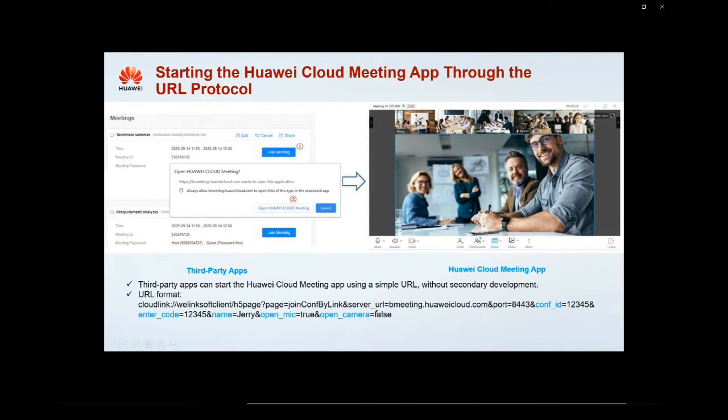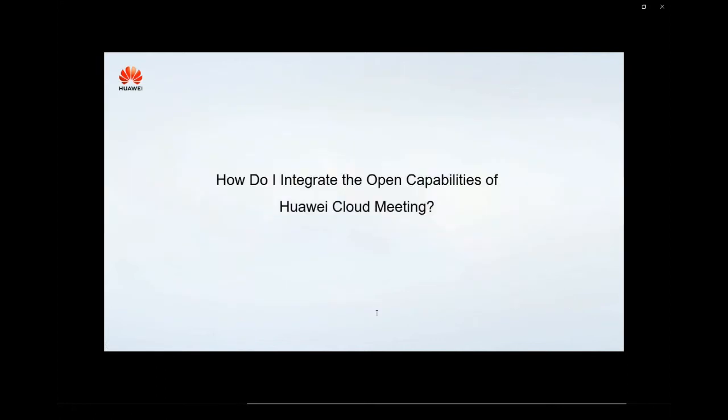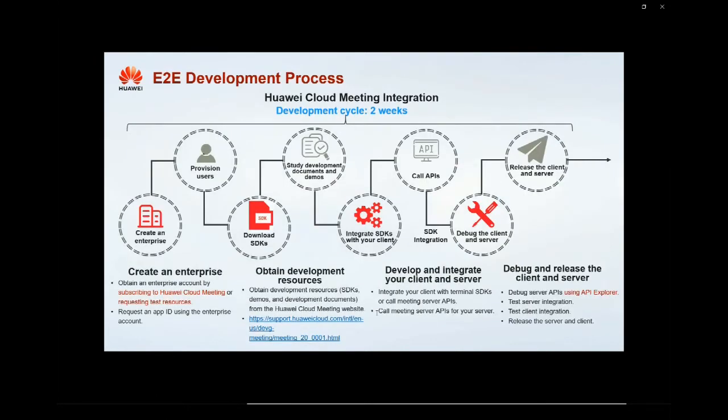Next, let's see how to integrate the open capabilities of Huawei Cloud Meeting. In general, the development process of Huawei Cloud Meeting integration will take you about 2 weeks. First of all, developers need to create an enterprise. You can purchase meeting services or apply for test resources to obtain an enterprise account and apply for an APP ID, using which developers obtain development resources.